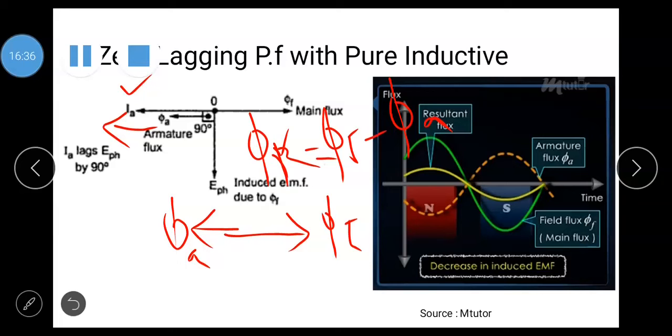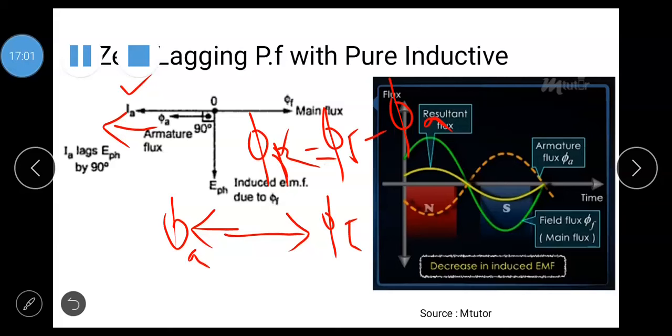When the resultant flux is decreasing, there is less flux, so the induced EMF also reduces here. The armature tries to cancel the main flux, so the effect of armature reaction here is called the demagnetizing effect.